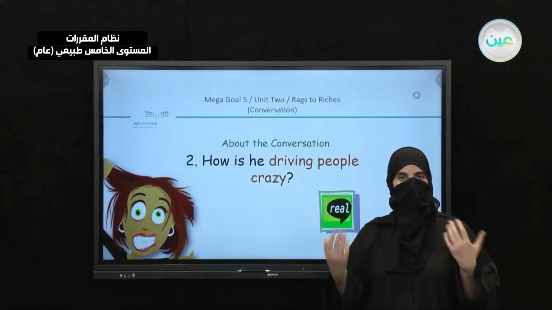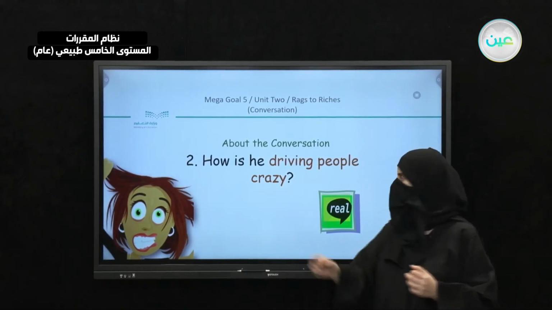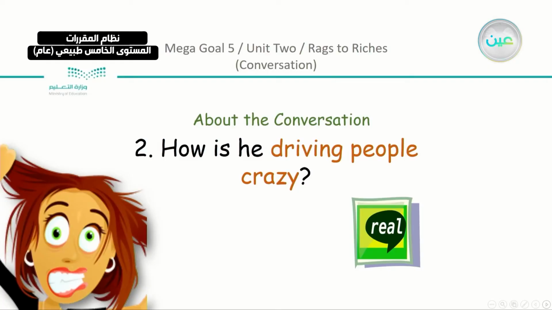So it's just like an expression. This is the first one that we are going to discuss, which is real talk. We mentioned real talk in Unit 1. We said that they are informal expressions. So if I say that someone is driving me crazy, it means that someone is bothering or annoying me in some matter.